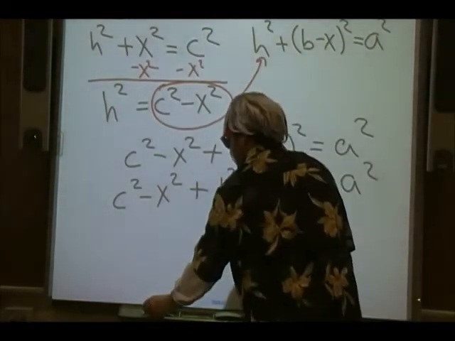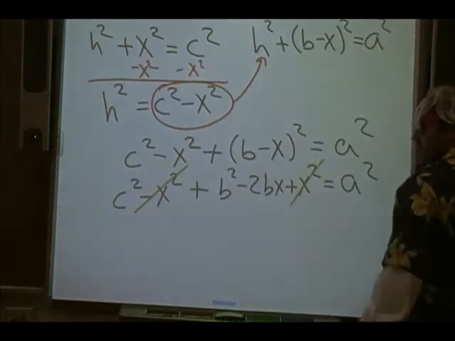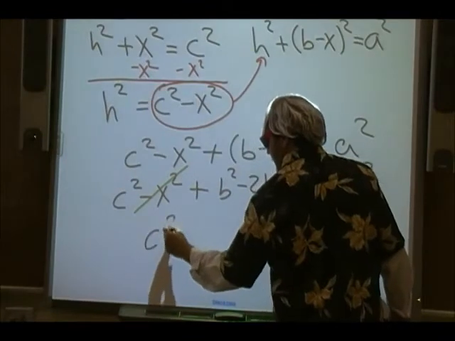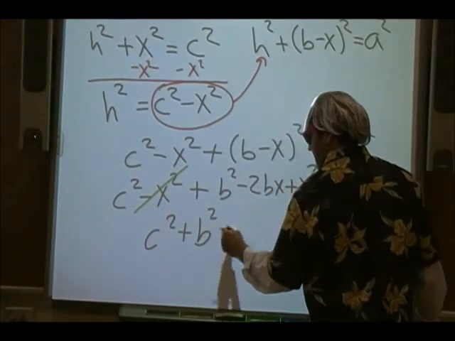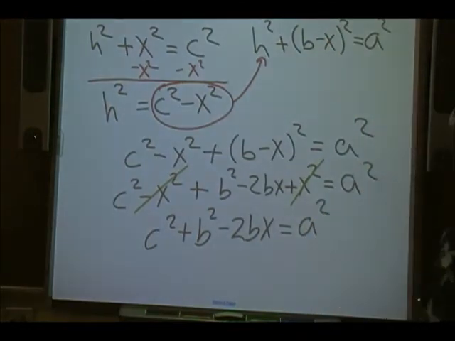And this negative x squared cancels with this positive x squared. So I'm left with c squared plus b squared minus 2bx equals a squared.